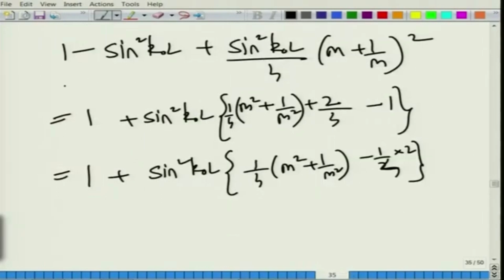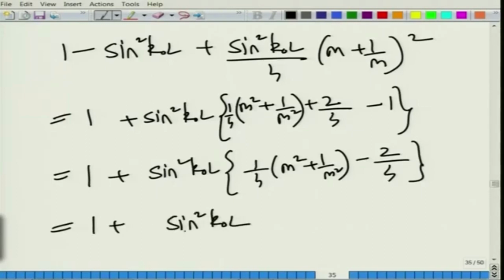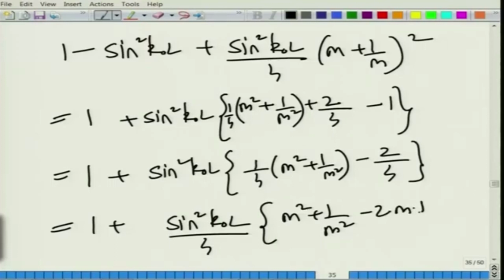We express cos in terms of sine, and rearrange the terms, with sin square k naught L by 4 taken common, and expand this out: m square plus 1 by m square, and minus 2 times m into 1 by m.